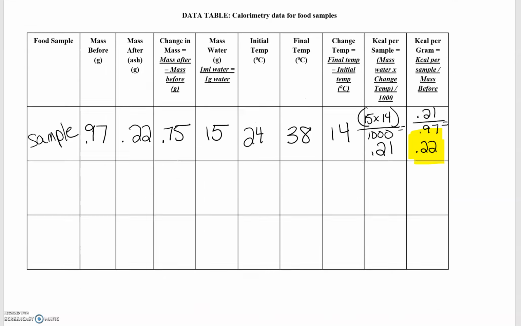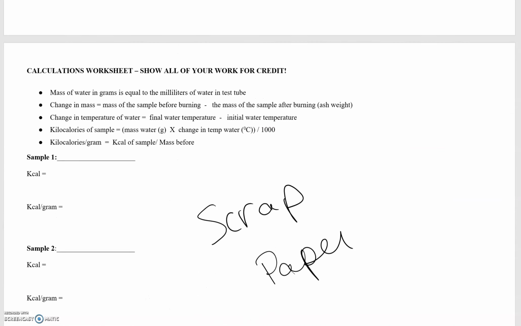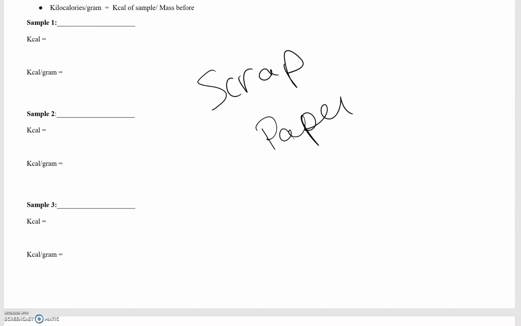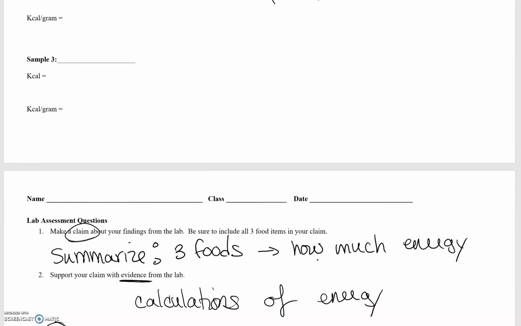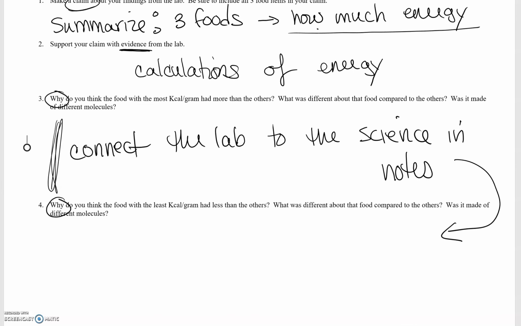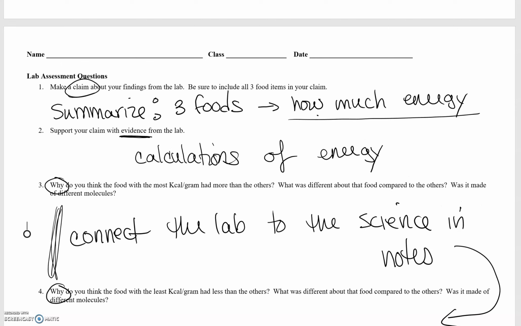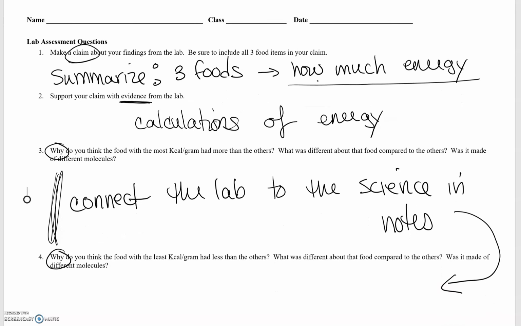So when we scroll down further, this is just a scrap paper worksheet if you need a little bit more room to work out those calculations. Then we have these assessment questions here, and I've given a little bit of information for these. These are basically a claim, evidence, reasoning that you're writing.